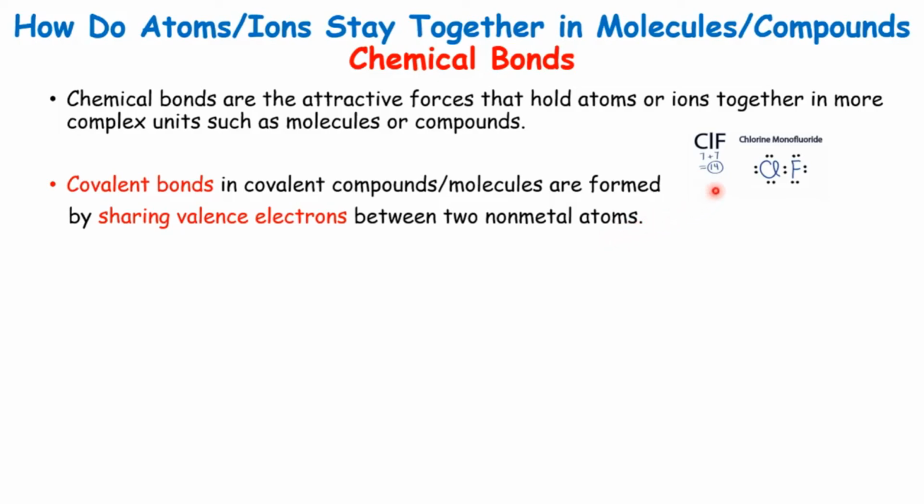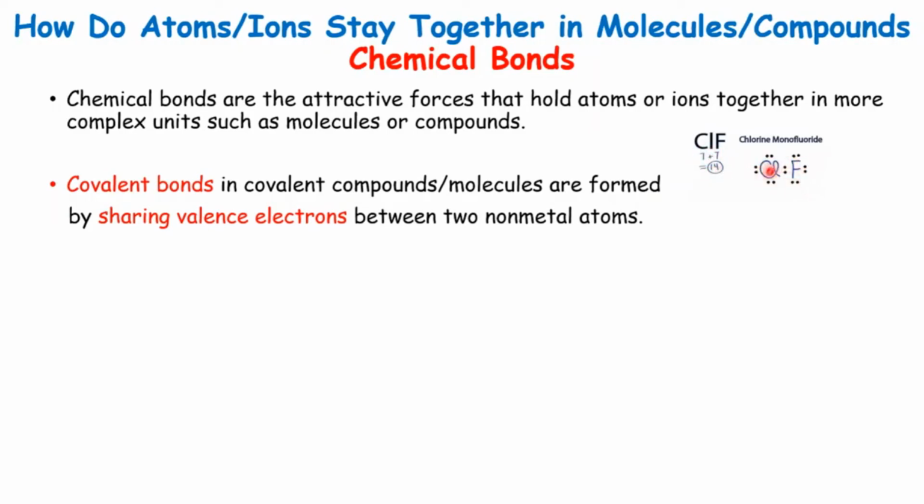For example, here we have chlorine monofluoride. Both are 7A elements, which means they have 7 valence electrons. So 7 plus 7, that's a total of 14 electrons.